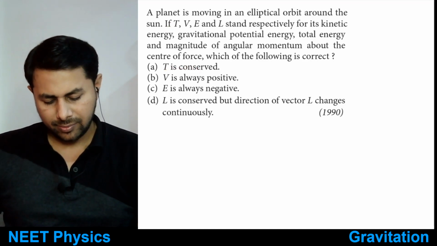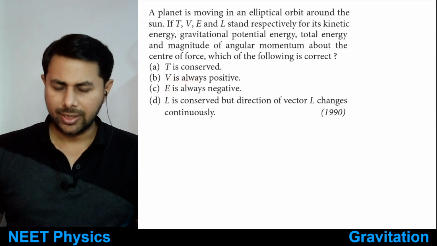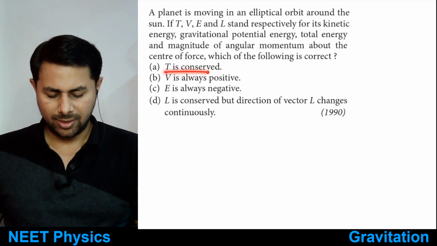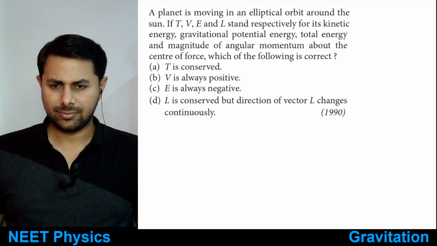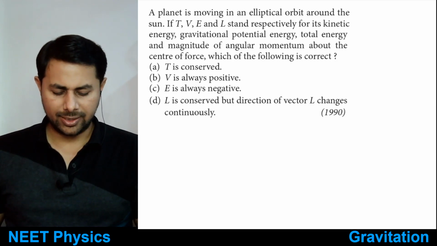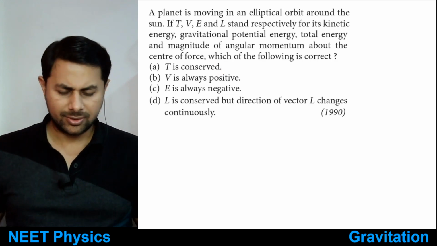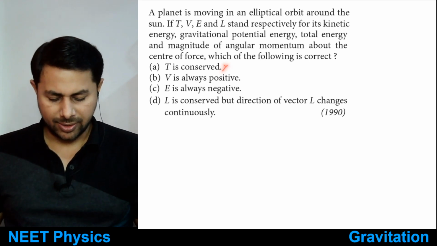T means kinetic energy, V is the potential energy, E is total energy, and L is the angular momentum. Is kinetic energy conserved? No, kinetic energy is not conserved because speed sometimes increases, sometimes decreases. So this is a good question.